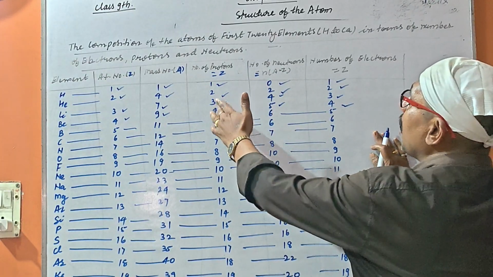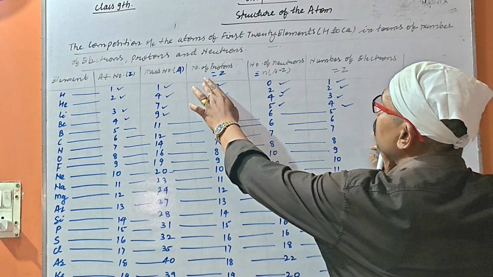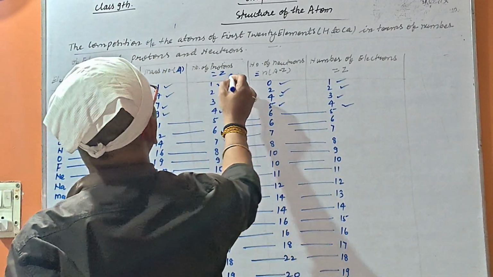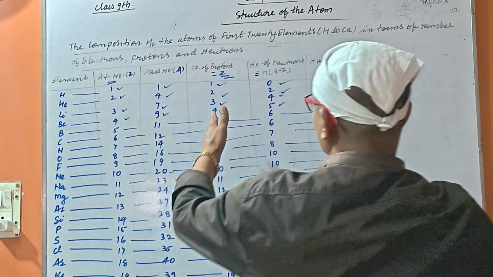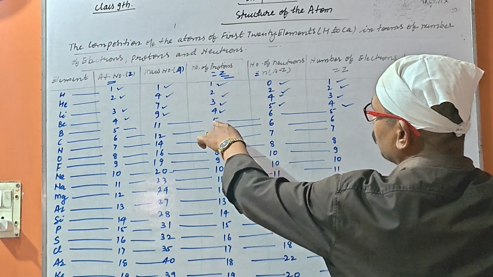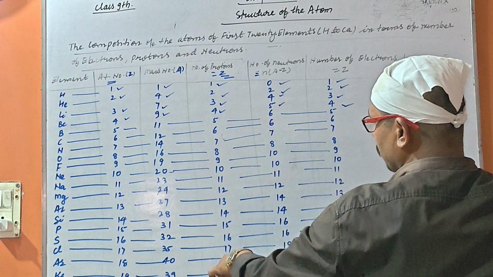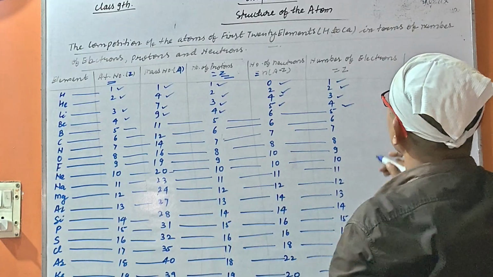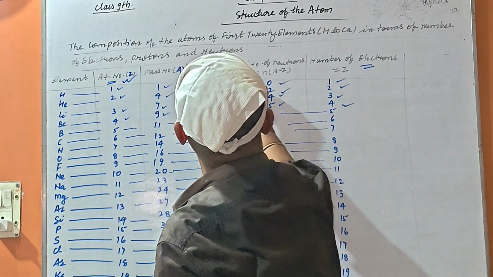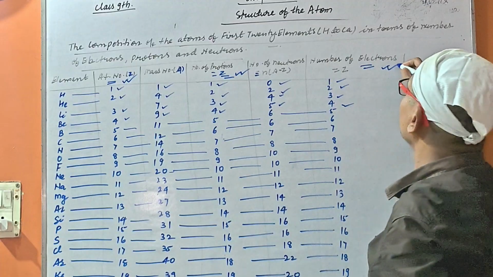Number of protons are also the same as the atomic number, and the number of electrons are the same. All three are always equivalent.